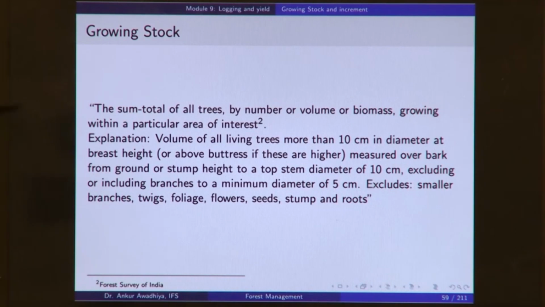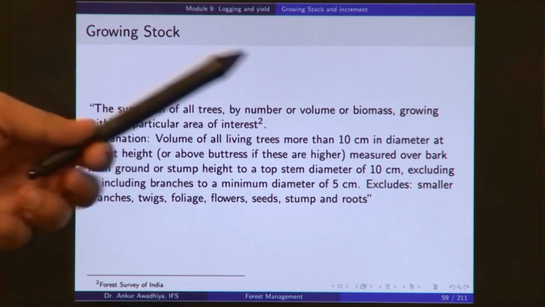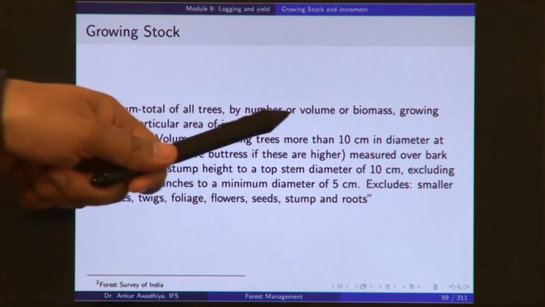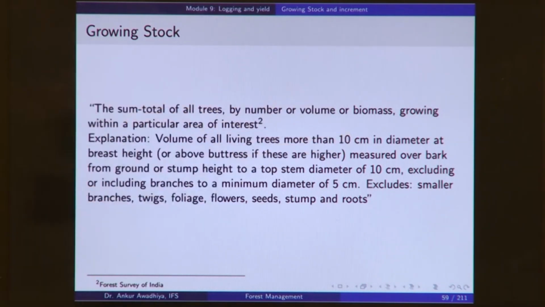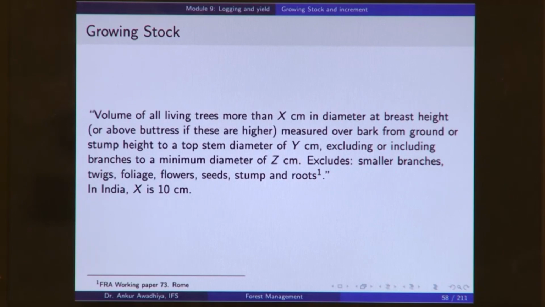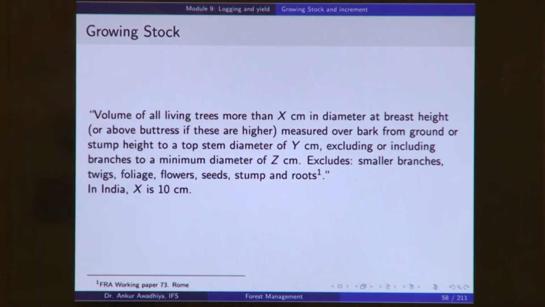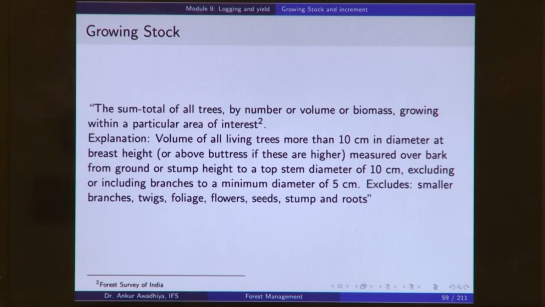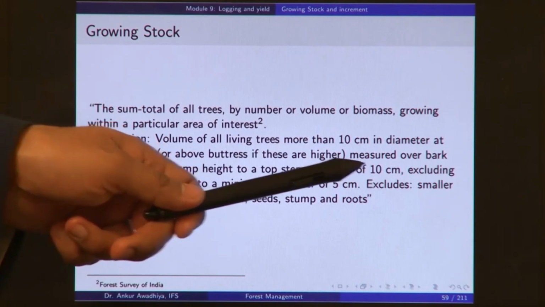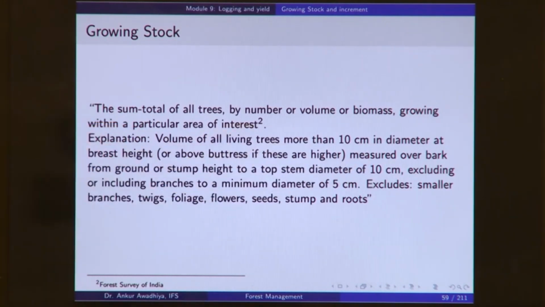Now, this is specific to India. So, in our country we take these values. In the previous definition we had taken x centimeter, y centimeter and z centimeter. So, here x and y are 10 centimeters and z is 5 centimeters.